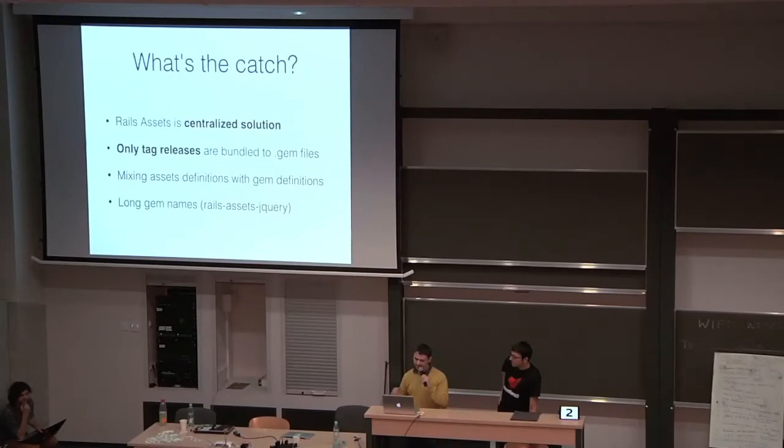For example, you can't use the master version of a component on GitHub. That's because we're building components on the server side. Also, mixing asset definitions with gem definitions in the Gemfile is to be discussed, and we're using long gem names like rails-assets-jquery.